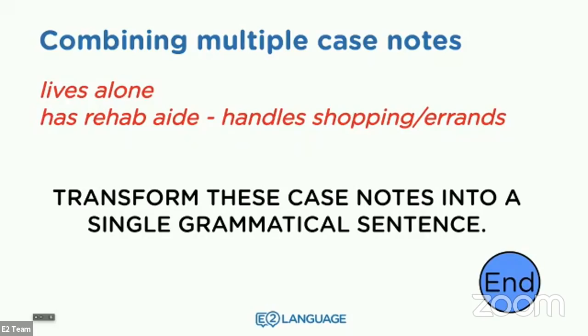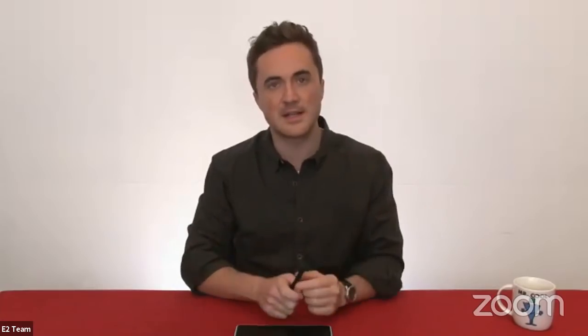How did you go? Hopefully you had enough time here. Now when you combine multiple case notes together into a single sentence, it gives you an opportunity to write a different type of sentence, a more complex sentence, okay? Writing simple sentences is fine because they're nice and clear, but in order to maximize your grammar score, you also have to put in a variety of sentence structures.